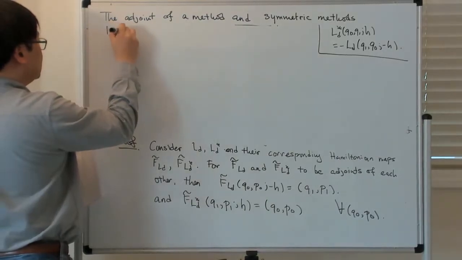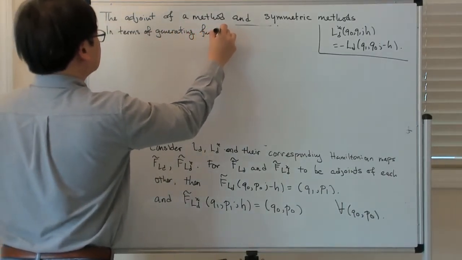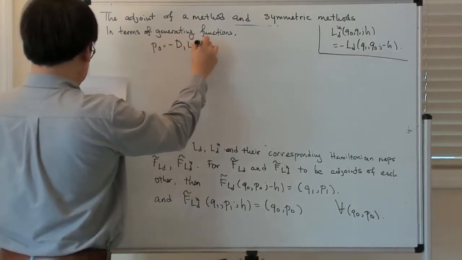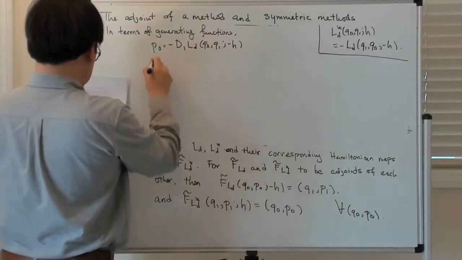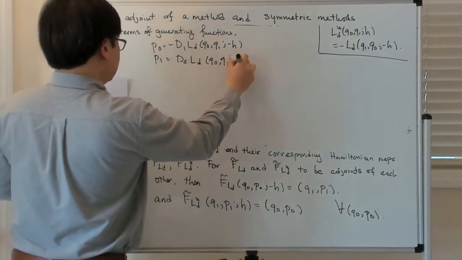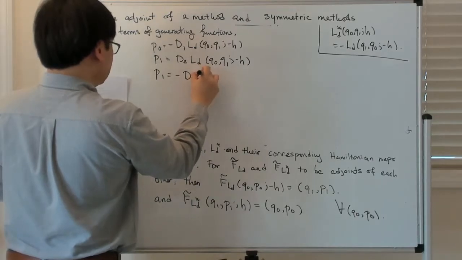So in terms of generating functions, what you have is that p0 is equal to minus D1 L_D(q0, q1, minus h), p1 is equal to D2 L_D(q0, q1, minus h), and then p1 is equal to minus D1 L_D star.